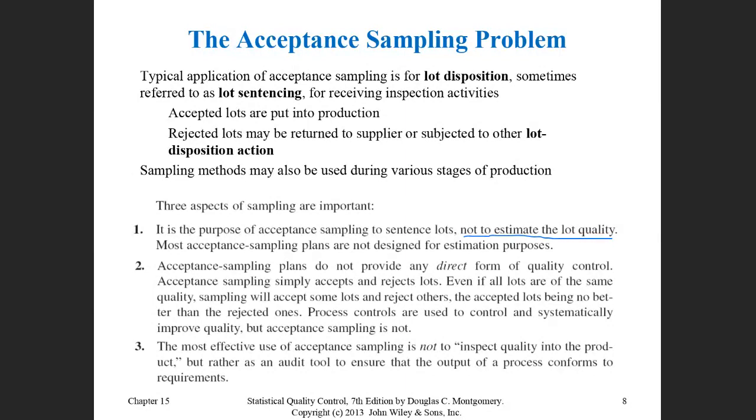As you know, some cars are not designed for roads. They are designed only for racing. They cannot be used in streets. So here we are talking about specifications. We are not talking about the quality. So the acceptance and rejection is based on the specification, not on the quality.